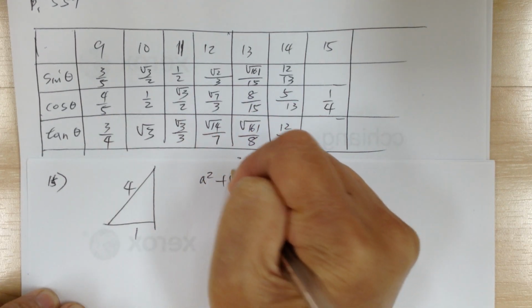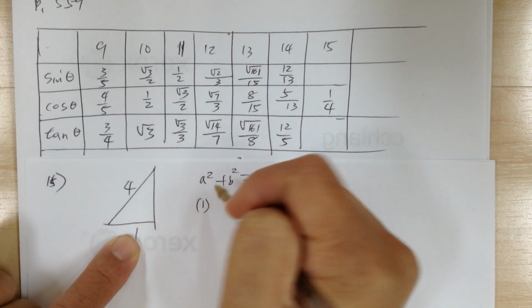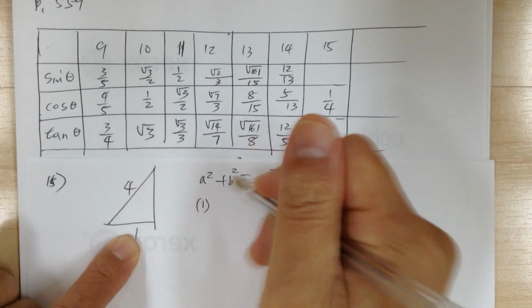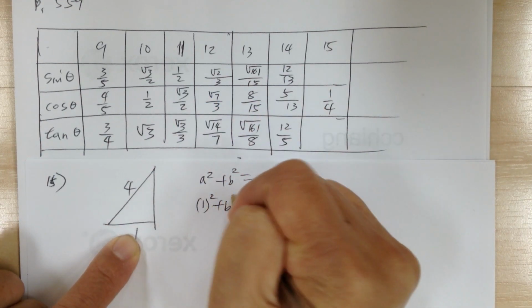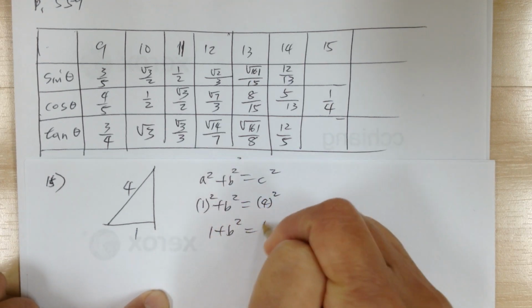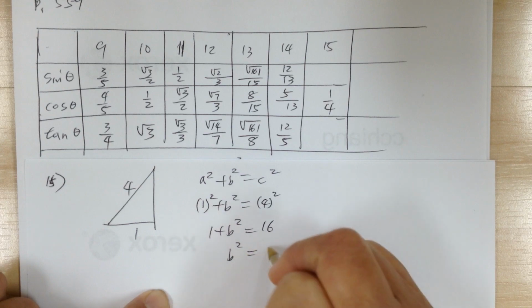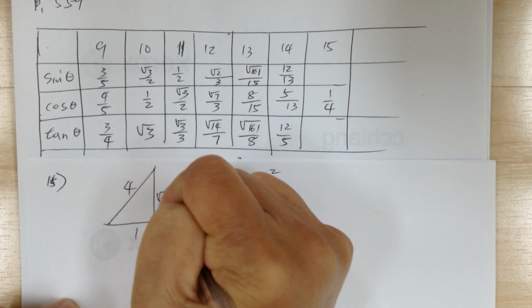A squared plus B squared equal to C squared. So A equal to 1. When you use Pythagorean theorem, it doesn't matter which is A, which is B. A and B can be switched. Okay, plus B squared equal to 4 squared. So 1 plus B squared equal to 16. So B squared equal to 15. So B equal to square root of 15. So this gets square root of 15.